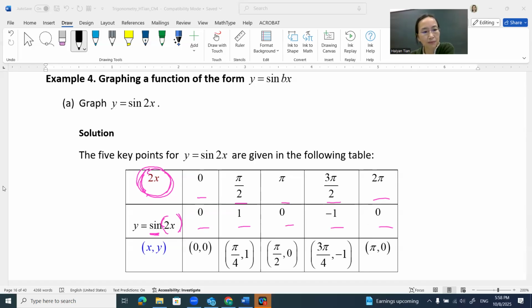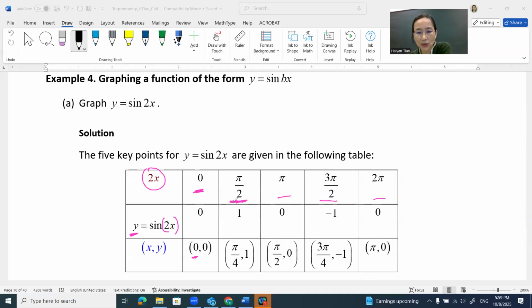Okay, so then we have 5 points. However, right now we want to graph x versus this y, not 2x versus this y. So if 2x is this, what is x? x should be half of this. So that's why the x is half of each of these values.